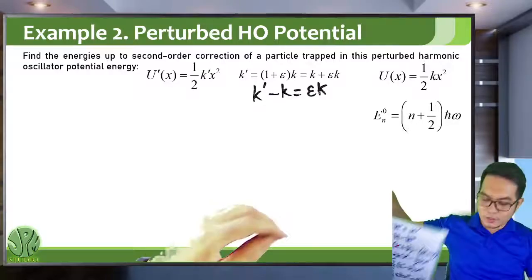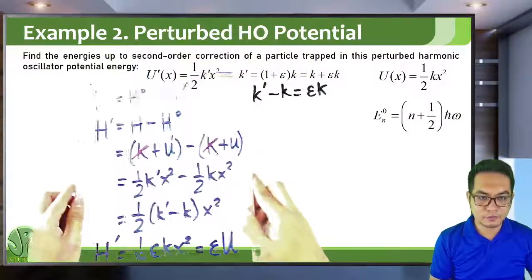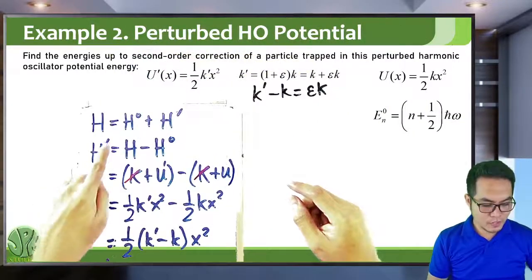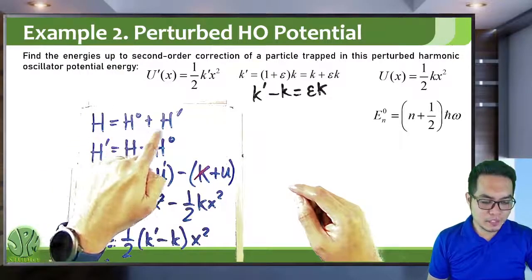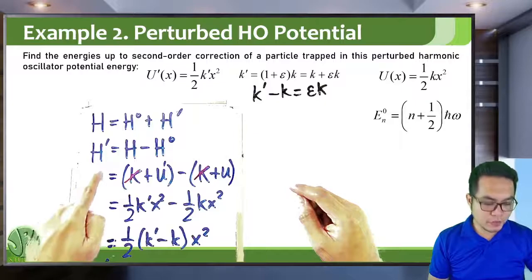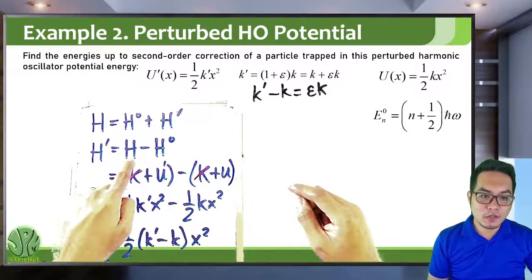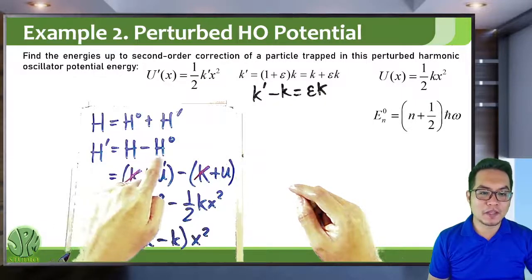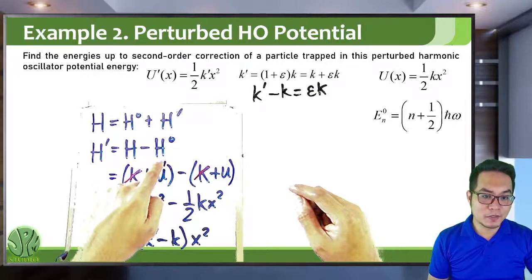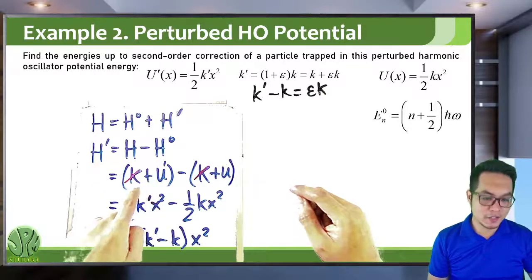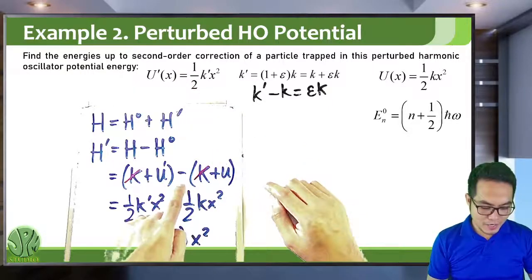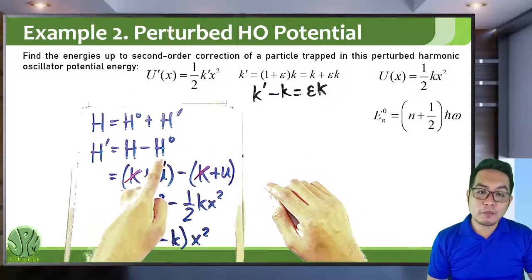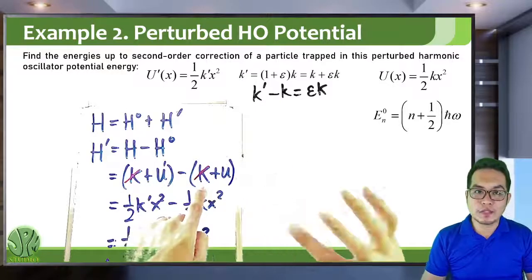So if you will recall, the new Hamiltonian of the system is the unperturbed Hamiltonian plus the perturbation. So therefore, the perturbation is just the new Hamiltonian minus the unperturbed Hamiltonian. So the new Hamiltonian is just kinetic energy plus the new potential energy, in this case it's U prime, minus the original or unperturbed Hamiltonian, assuming there's no changes in kinetic energy.